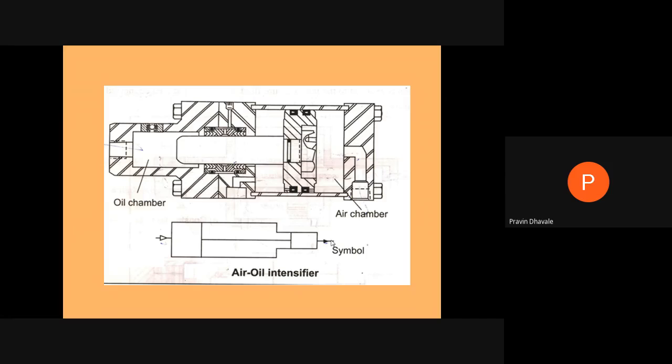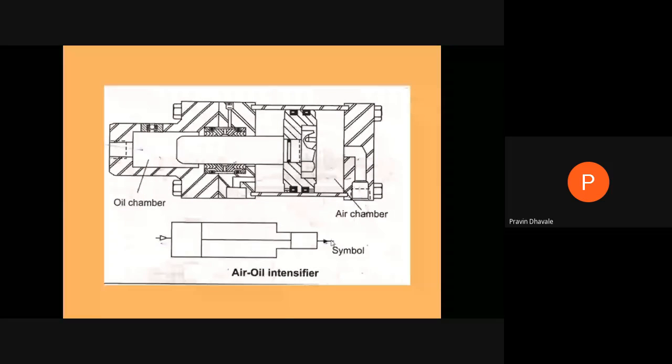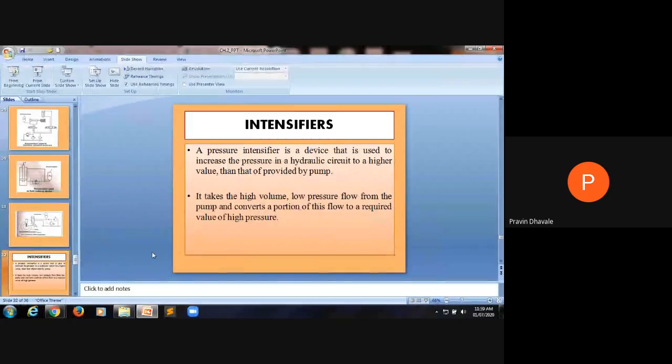This is the air oil intensifier. Are you getting this? Air oil intensifier. The only change is that air and oil both are used in such a case of the intensifier. Okay, I think that intensifier part is over.